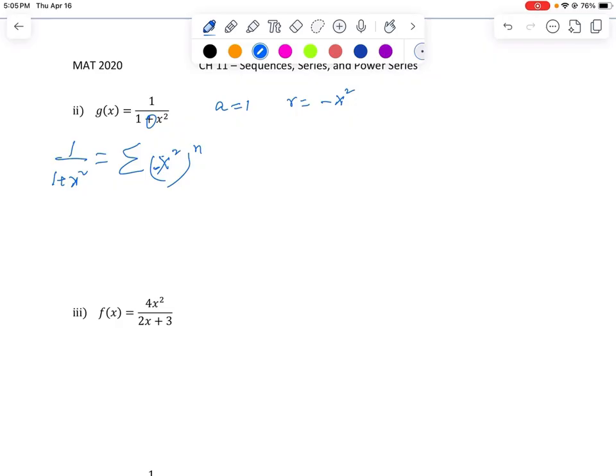Now let's look at the expanded form, and n goes from 0 to infinity. So this can be written as summation negative 1 raised to the power n times x raised to the power 2n, n goes from 0 to infinity.